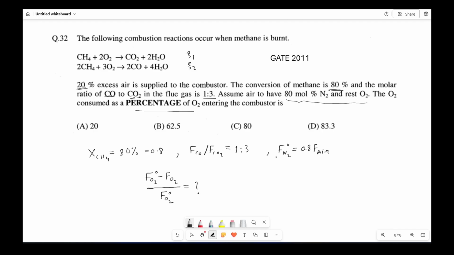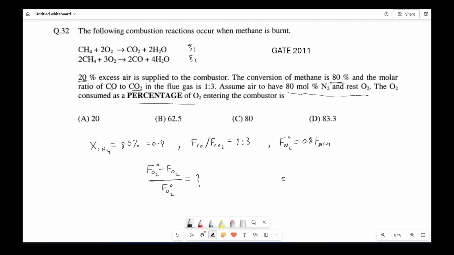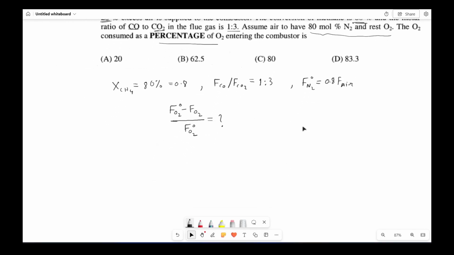This is the percentage: FO2 naught is entering the system, and FO2 naught minus FO2 is consumed in the system. So it is kind of asking the fractional conversion of oxygen. So to find this, we will again write expressions for the things which are given.